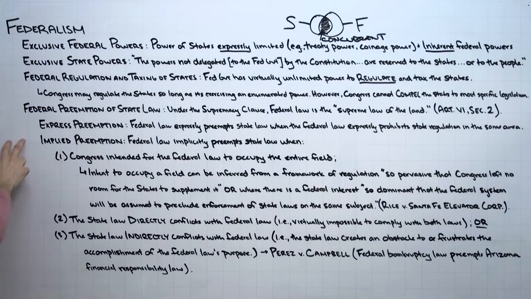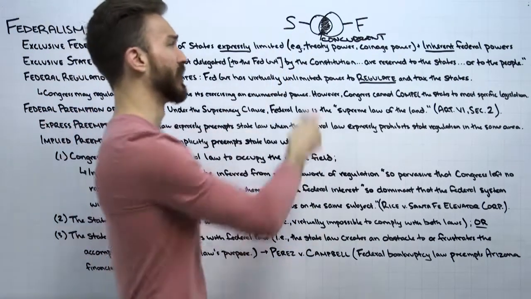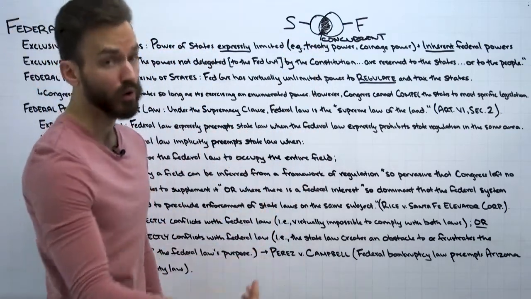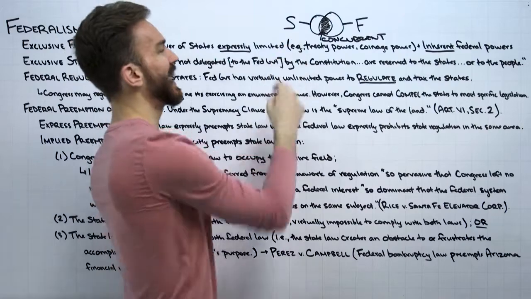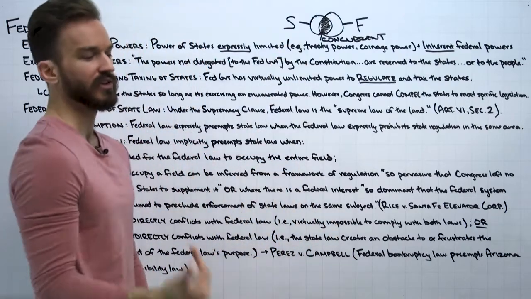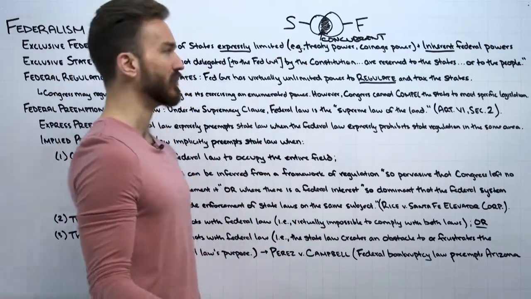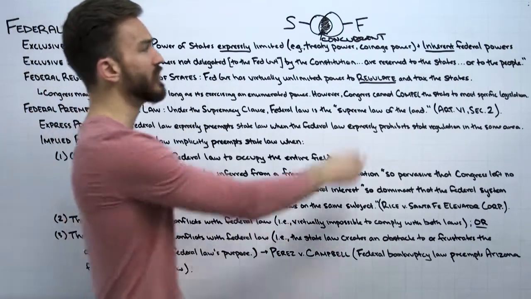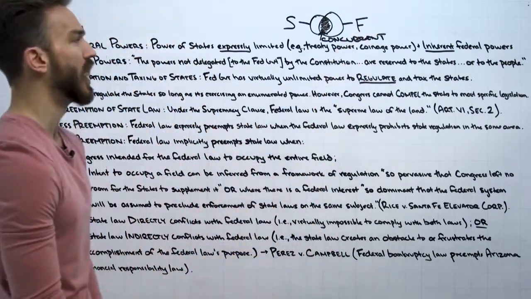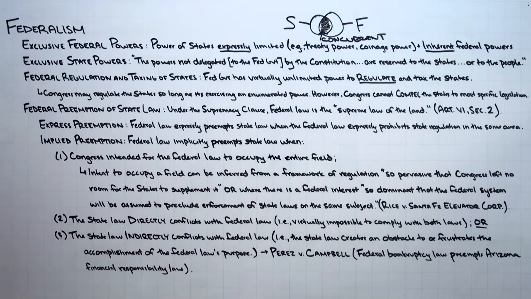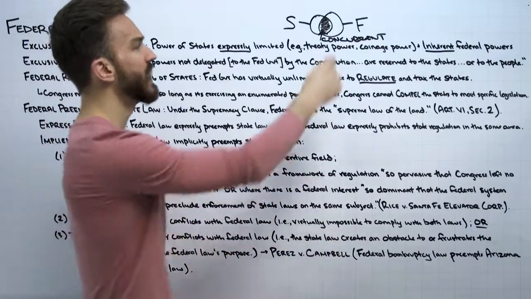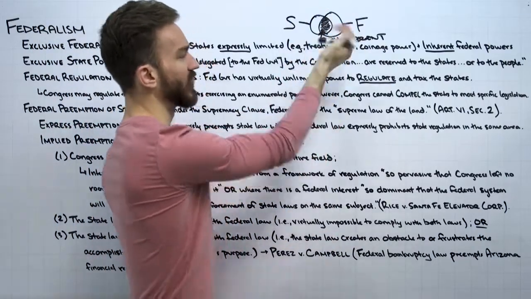But otherwise, when we're thinking about this Venn diagram, states are passing law that they have the power to pass, right? Just because a state has the power to pass law doesn't mean they can pass any law that they want. If the states pass a law that conflicts with federal law, we're going to have some problems. So remember, step one, anytime we see the state passing a law or taking action, we have to put it in the appropriate place in the Venn diagram.